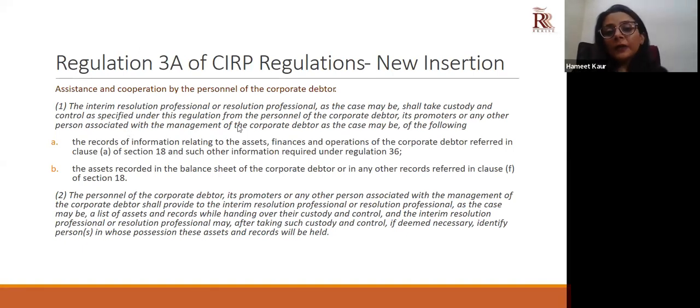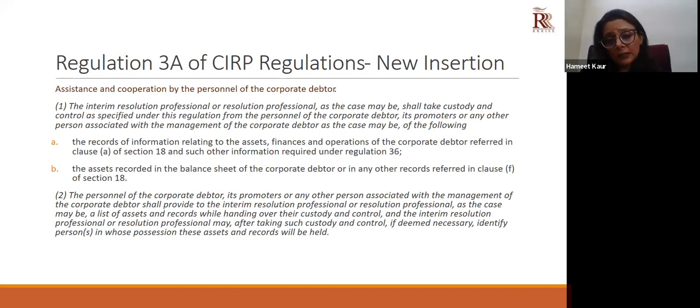The IRP or RP have to take custody and control of the records of information relating to assets, finances, and operations of the CD. Secondly, the assets recorded in the balance sheet of the CD, or any other record referred in clause F of section 18.